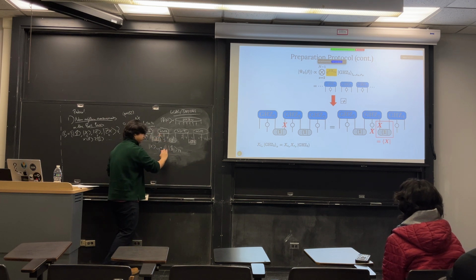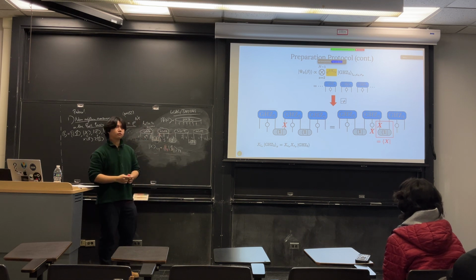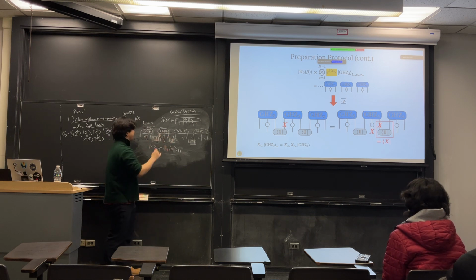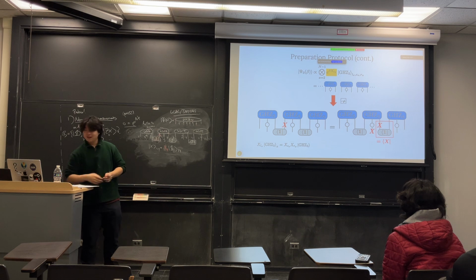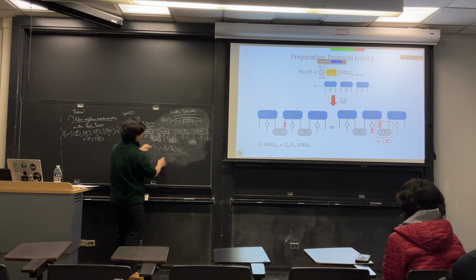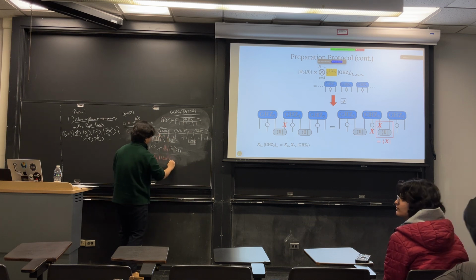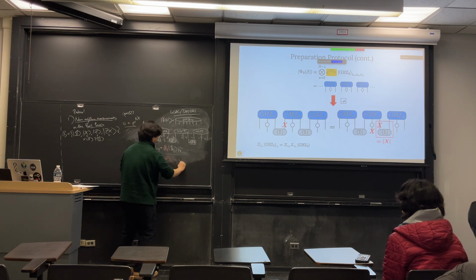Does that make sense? So you have this identity and you're doing this. Okay, that's cool. But now you have X4 being applied on the GHZ state of 4, 5, and 6, which is just 0, 0, 0.